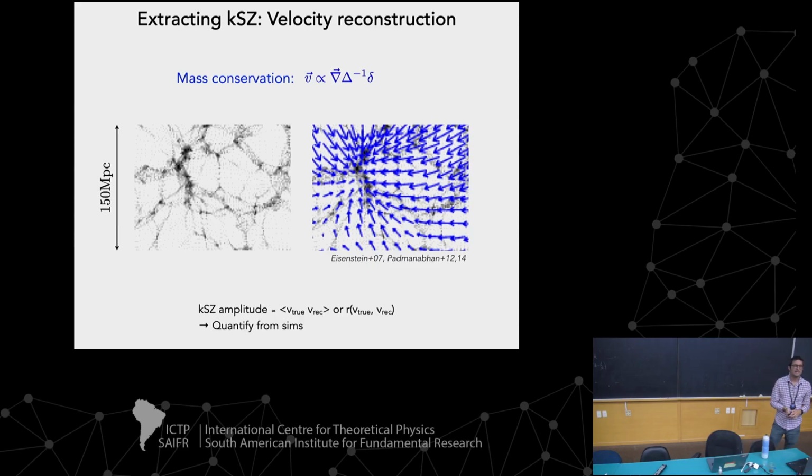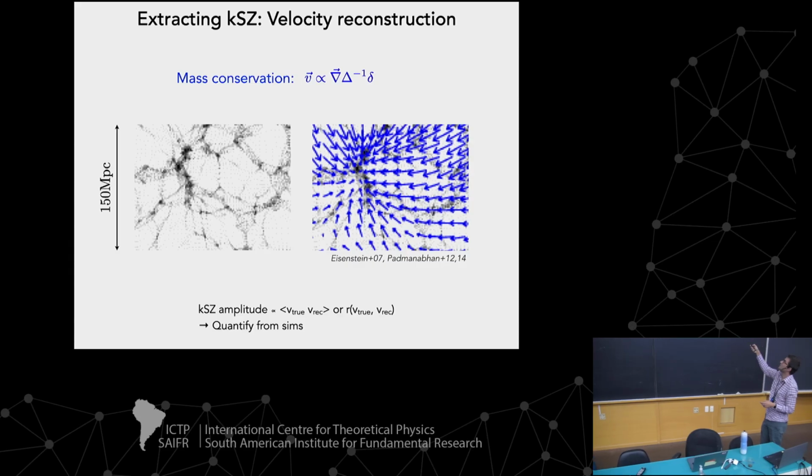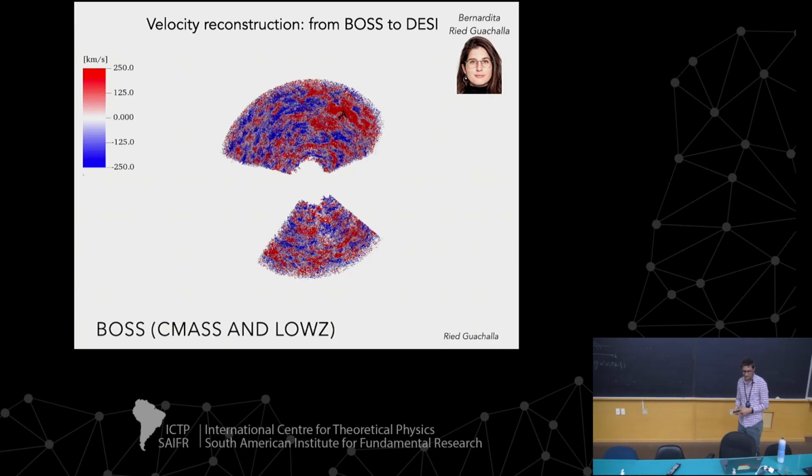But the nice thing with it is that if I have an idea for what the density field looks like from, for example, a large galaxy catalog in 3D, I can perform this operation on the galaxy number density and get an estimate for the velocity field everywhere. And so here's a visualization that was done by Bernardita Ridguachaya, who's a student at Stanford working with me.